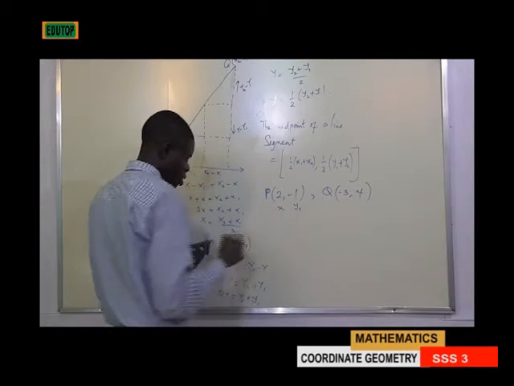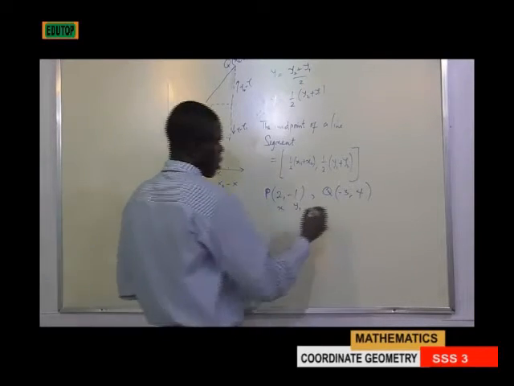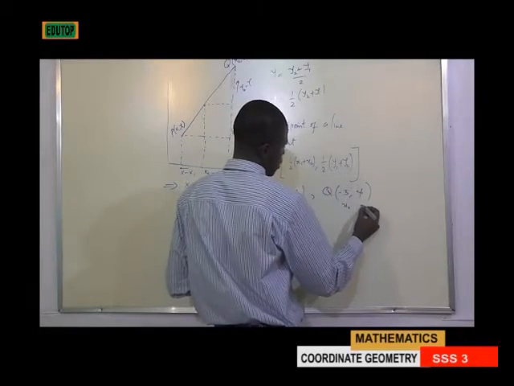You label your coordinates, then this will be your x2, and this is your y2.